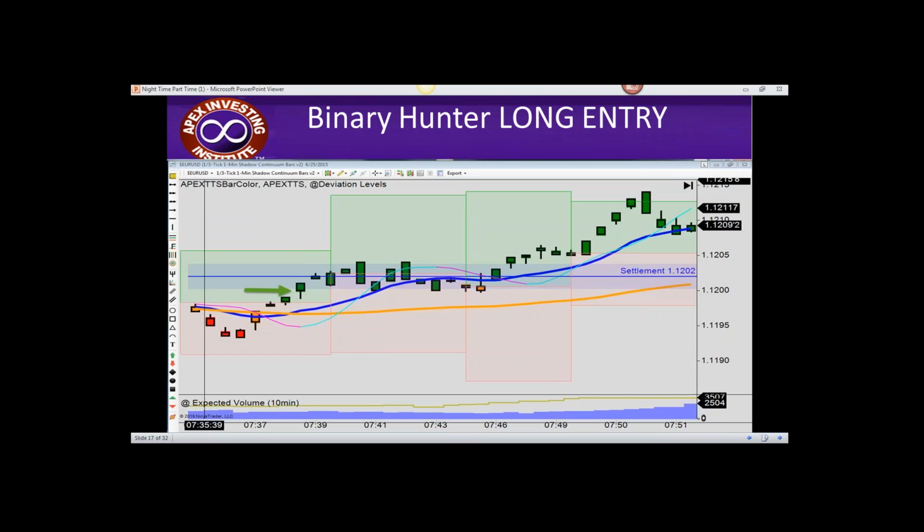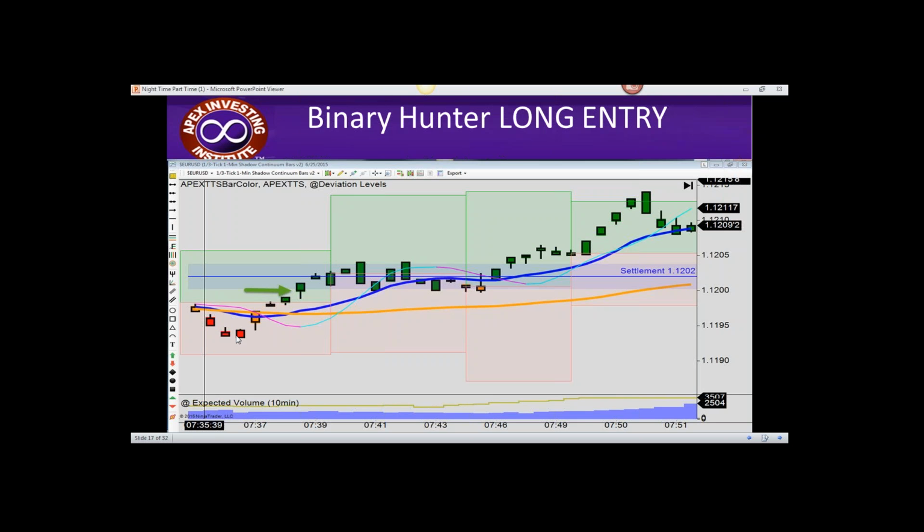Another way that we trade 5-minute binaries is our binary hunter system. This one's a little bit different, okay? Same thing, each of these boxes represents a 5-minute time period. And here, just a quick overview of the rules, and I'll show you where you get all this. When the price is underneath this yellow line here, we only go in the direction of the price, okay?